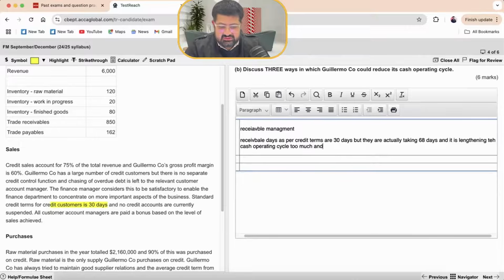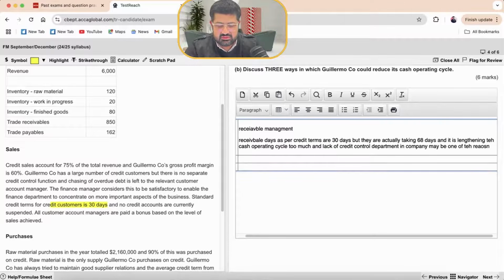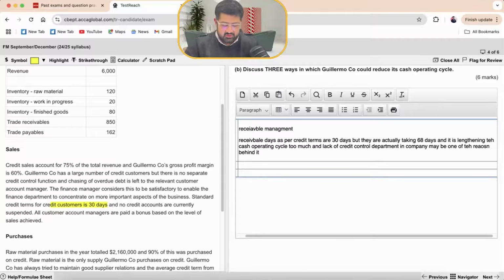And lack of credit control department in the company may be one of the reasons behind it.